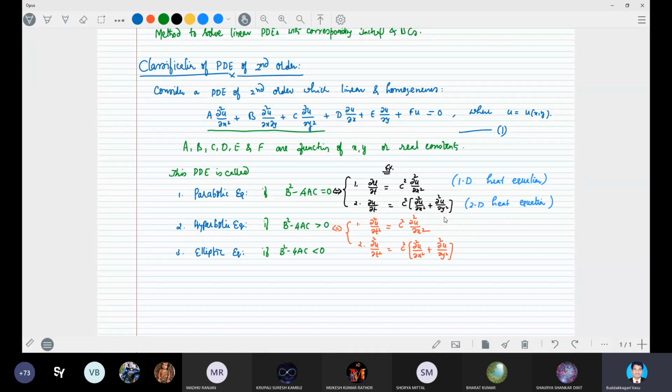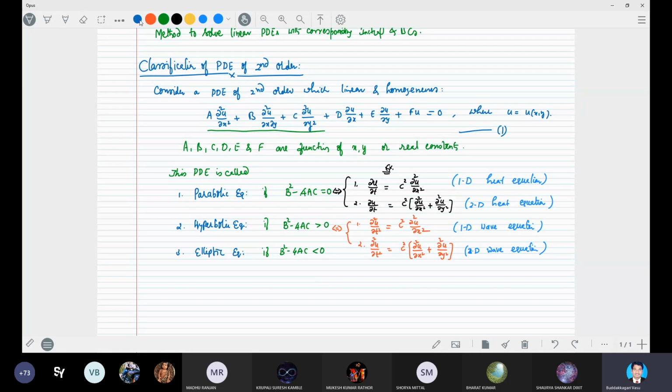Right? What are these? This is the one-dimensional wave equation. This is the two-dimensional wave equation.